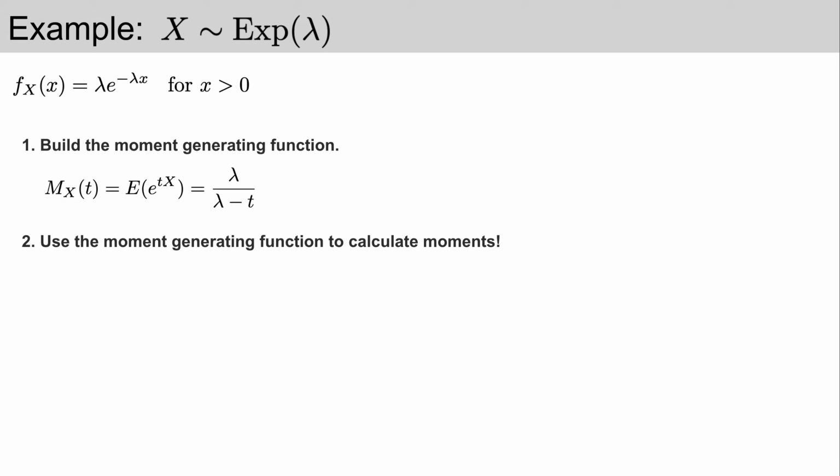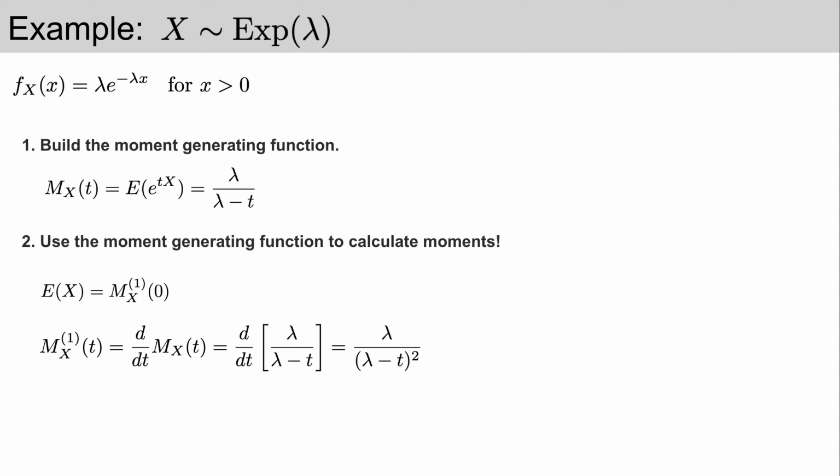Now that we have a formula for the exponential MGF, let's use it to calculate some moments. For example, we can calculate the first moment, E of x, by evaluating the first derivative of the MGF at 0. And this is a two-step process. First, we must take the first derivative of M of t with respect to t. Some calculus shows that the first derivative of lambda divided by lambda minus t, the formula that we built previously, is lambda divided by lambda minus t squared.